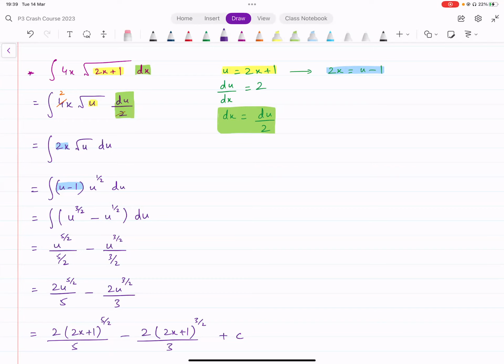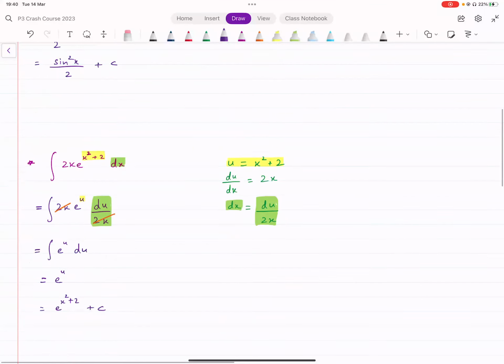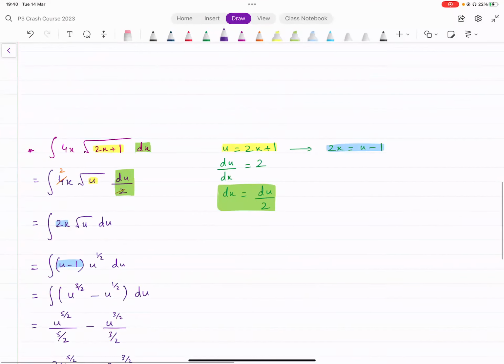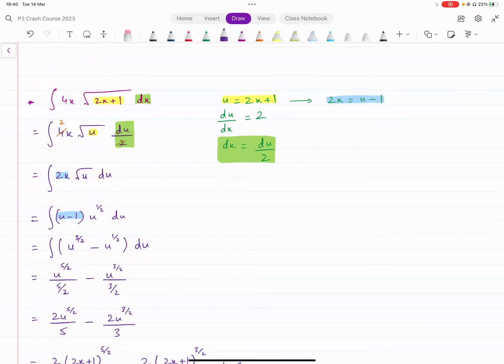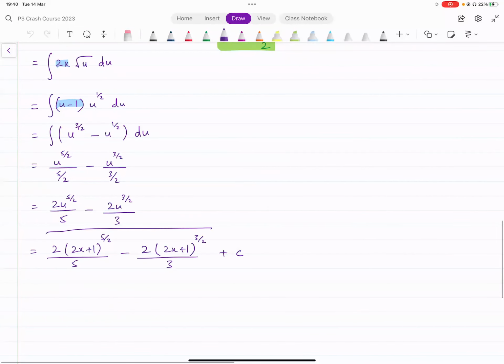Now let's take an example on this to understand how this is going to be applied. For now, we have only discussed how to integrate and get an expression in terms of x like this.